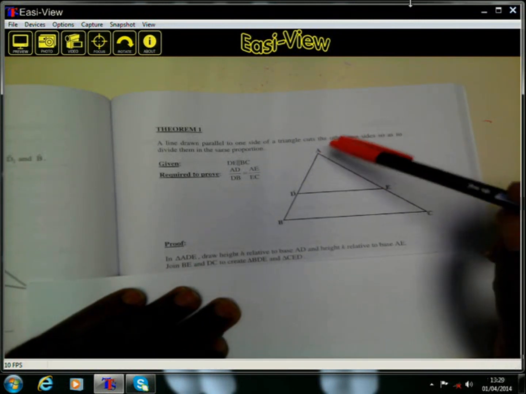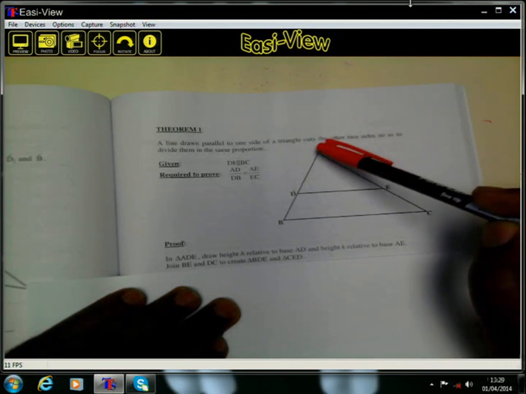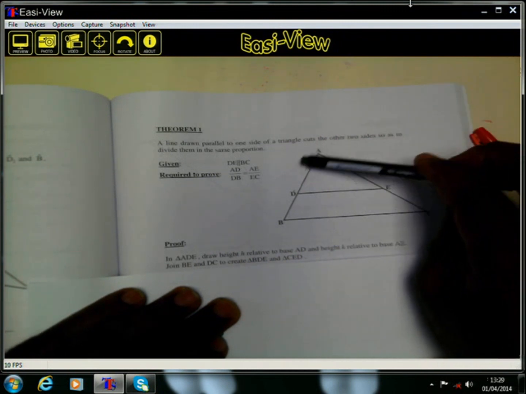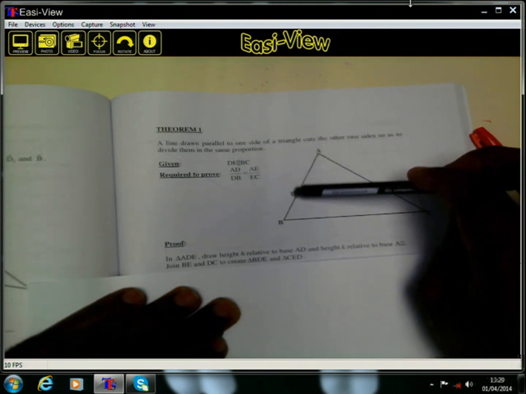Now, my construction, under proof, says triangle ADE. Where is triangle ADE? Triangle ADE is this one, the upper triangle ADE. Draw height h relative to base AD. When we started, we never knew that this was going to be the base.